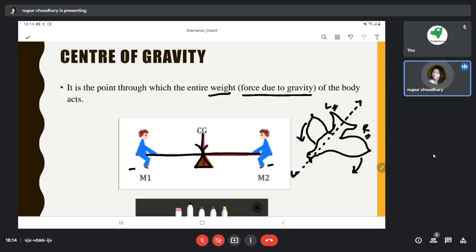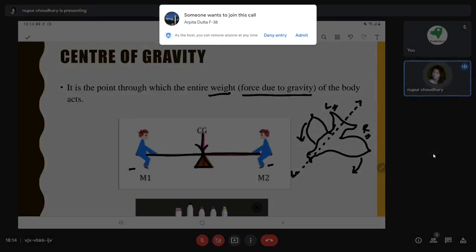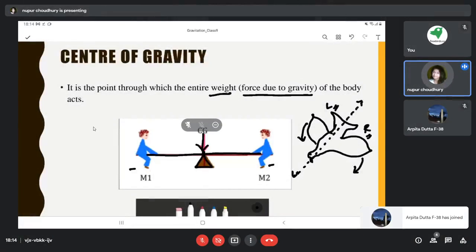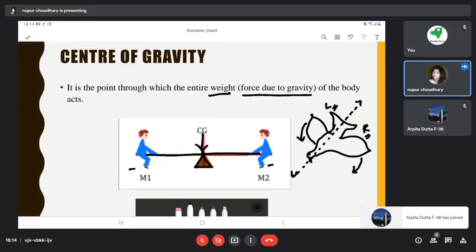The formula says that weight W is equal to mg, where g is the acceleration due to gravity. So we are trying to cancel out the moment from the right side as well as the left side of this particular axis which we have drawn.